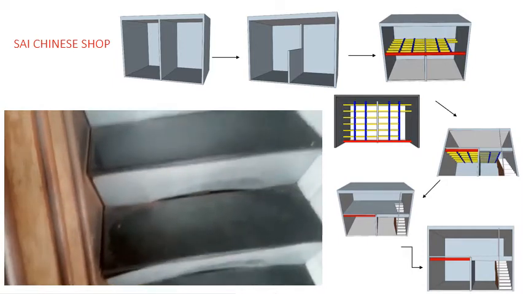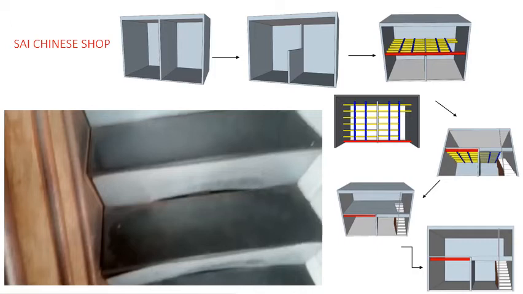So this is the shop. There are two commercial shops owned by Sai Chinese, and the height of both shops is 4.5 meters.